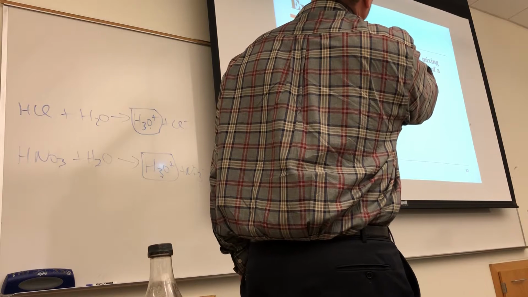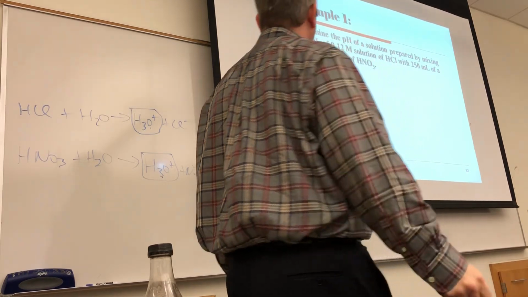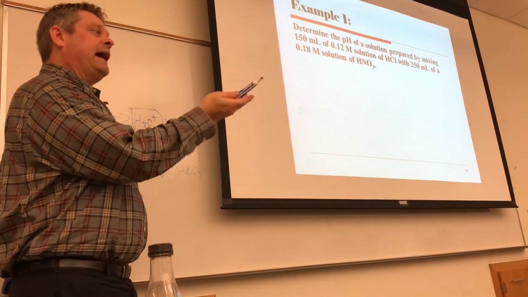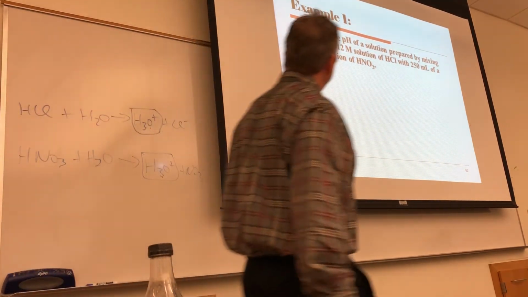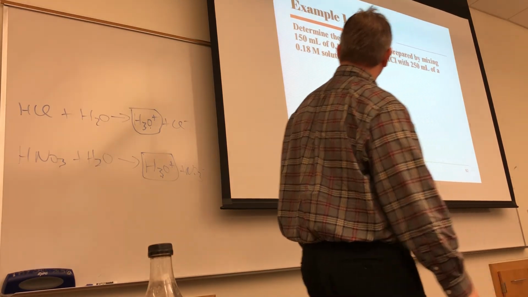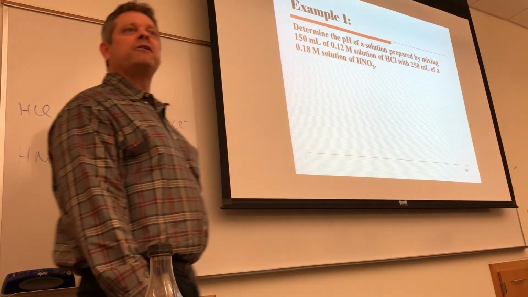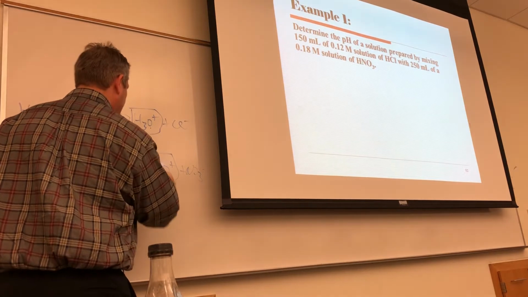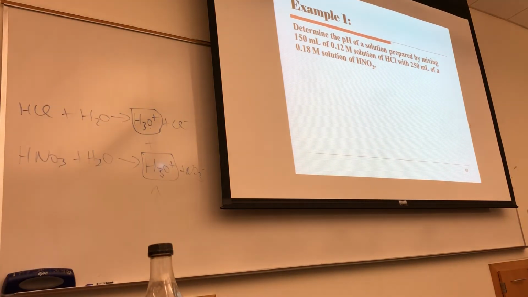Then I do the same thing with the nitric acid, 250 mL times 0.18 millimole per mL. That gives me the millimoles. I add them together, and then I divide by the total volume, which is, what, 400 mL here? Yeah. So if I keep it in millimole, I just divide by the milliliter, and that gives me my total concentration of those two things.